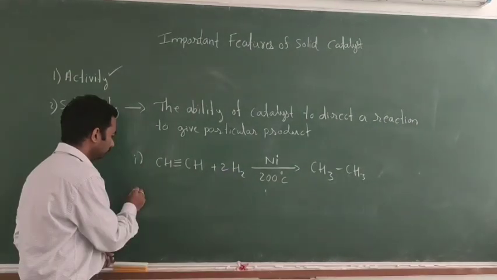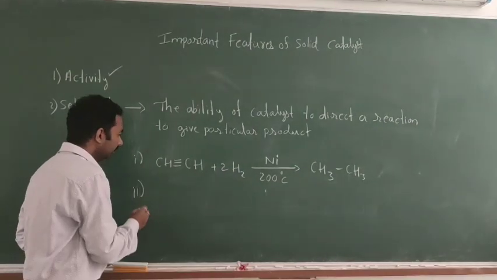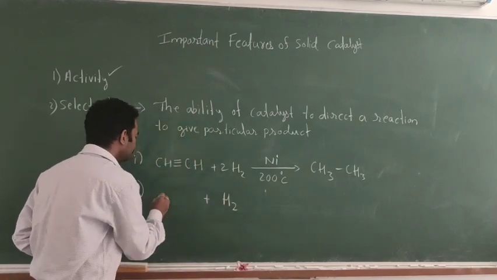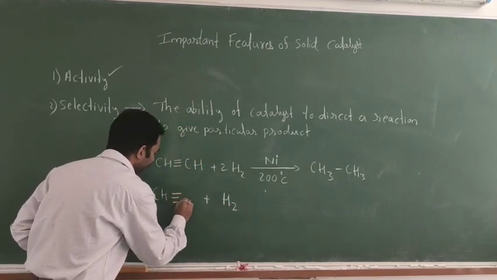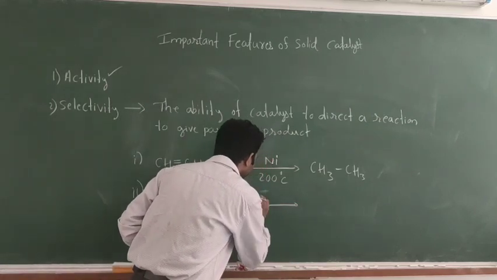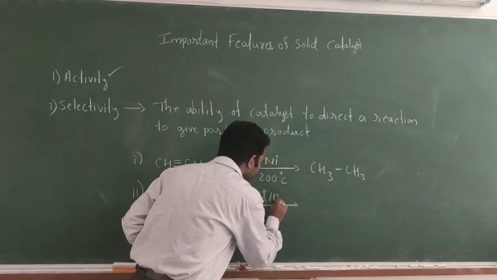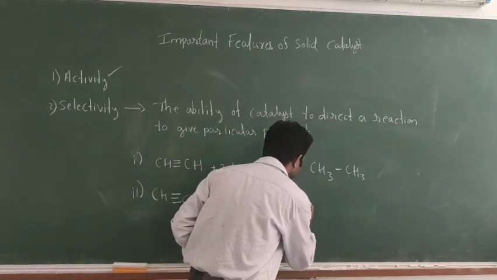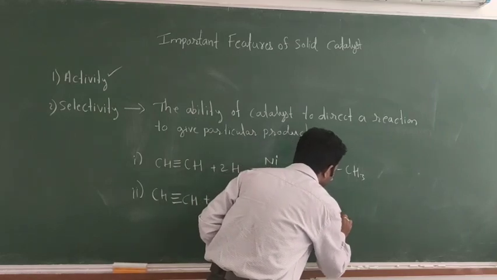So here in second reaction, hydrogenation of ethyne in presence of lead in barium sulfate, it gives ethene.